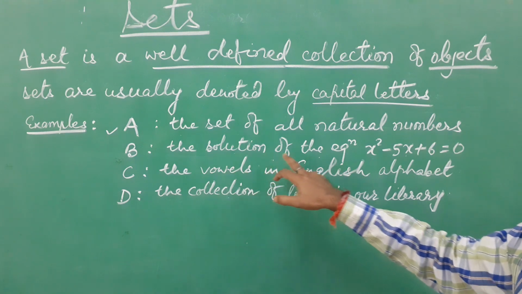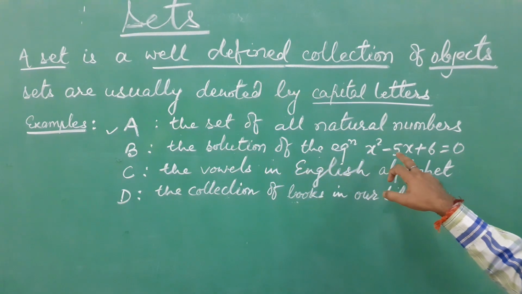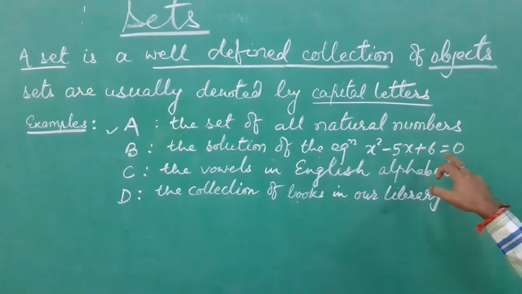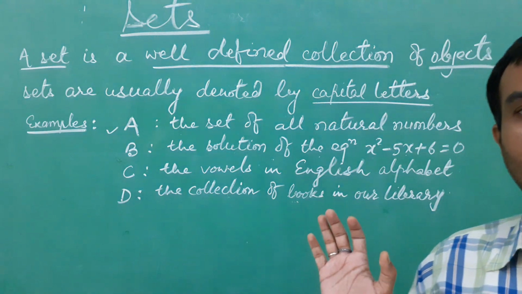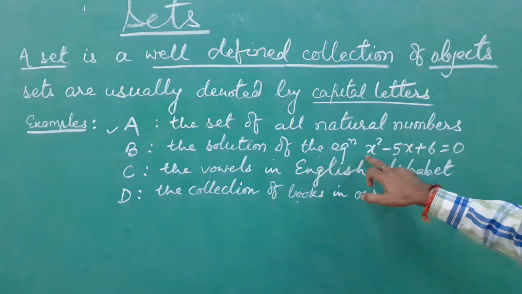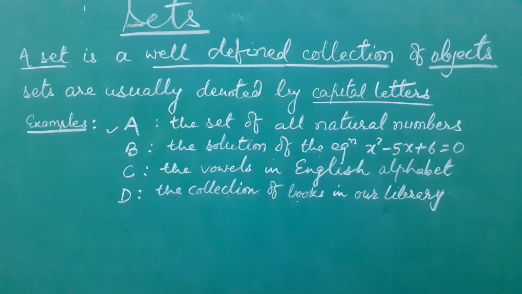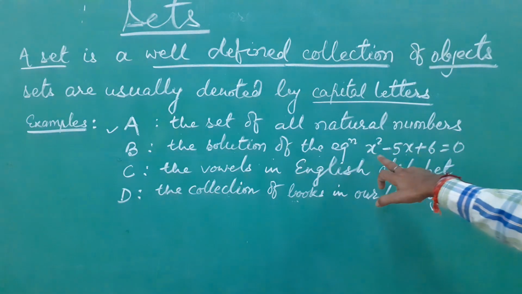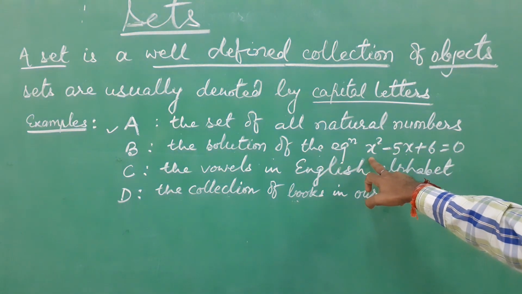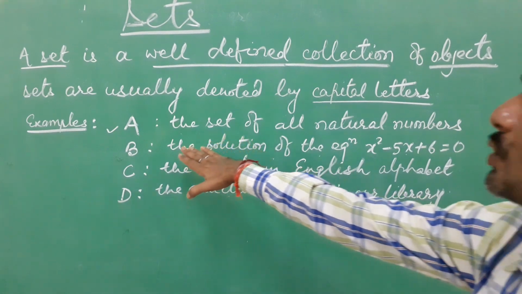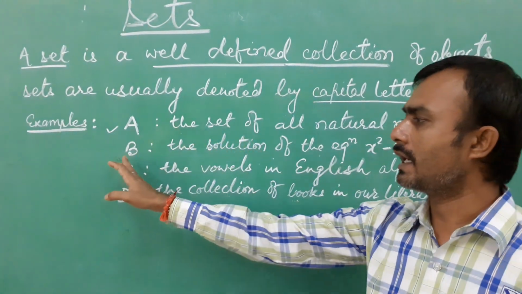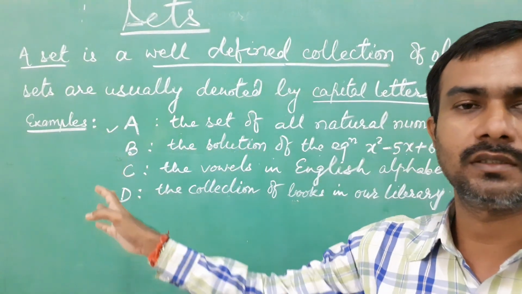Set B, the solution of the equation x square minus 5x plus 6 equal to 0. This equation we can solve by any method, and the result will be 2 and 3. So here 2 and 3 are in the set B.